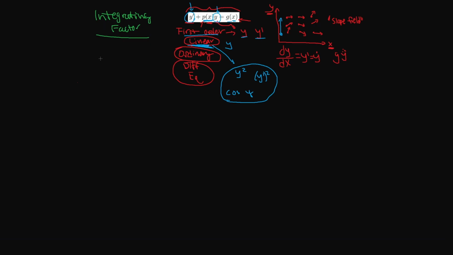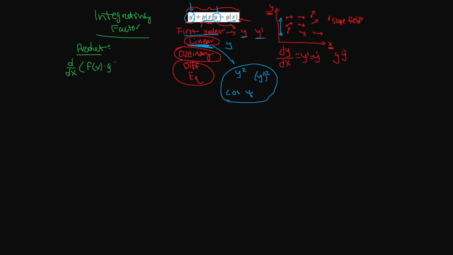So integrating factor, the idea comes from the product rule. If you remember back from calculus 1 and AB, the first time you learn about the derivative, one of the things you learn about is the product rule. This deals with when we have a derivative of a product. Wow, who could have guessed?